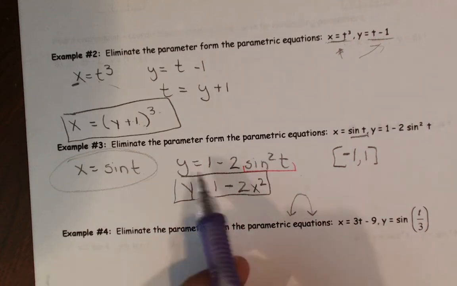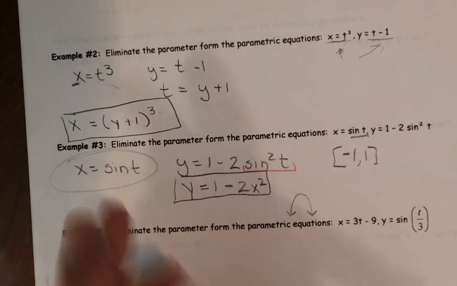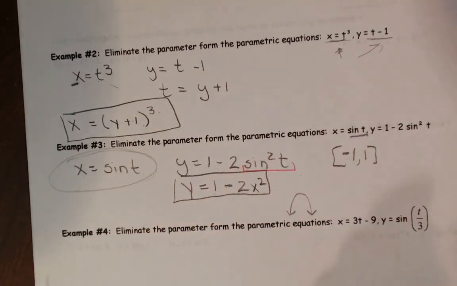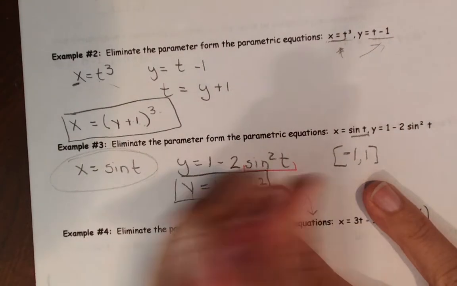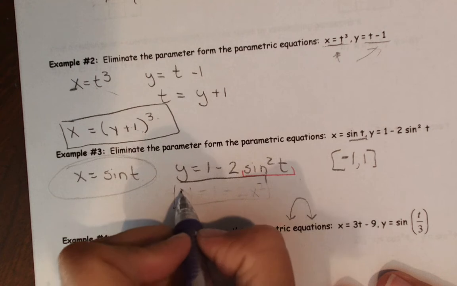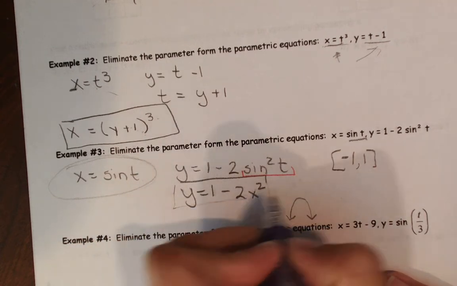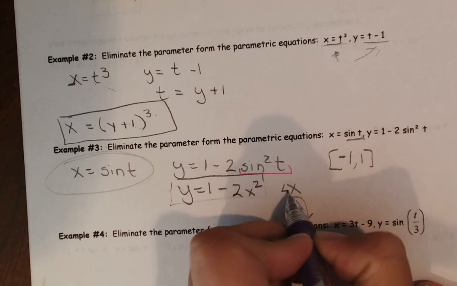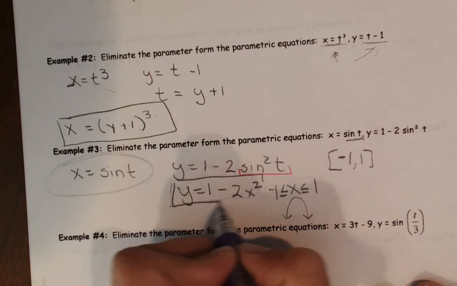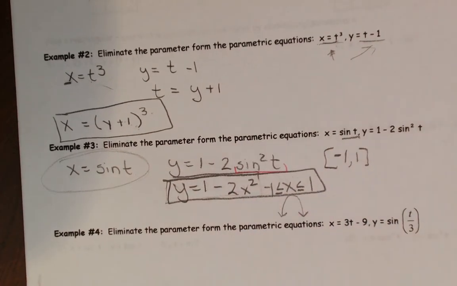So here, if I'm saying y equals 1 minus 2x squared, I have to put a restriction on it. So I have to say y equals 1 minus 2x squared, where x is between negative 1 and 1.